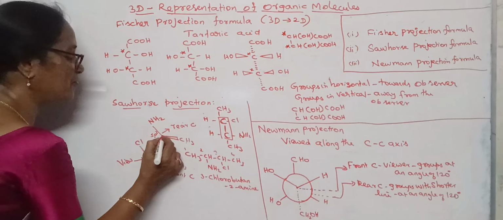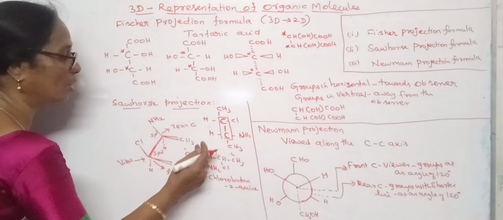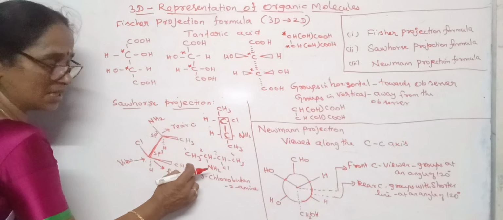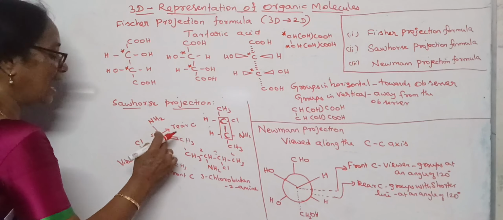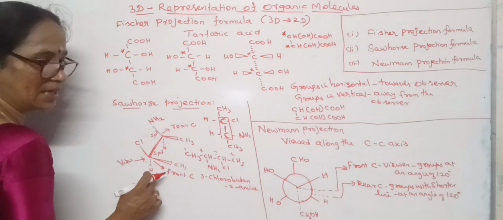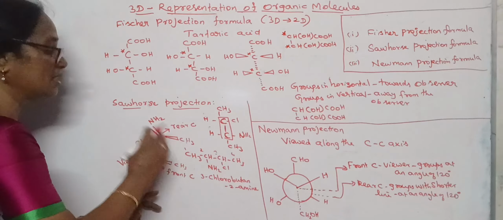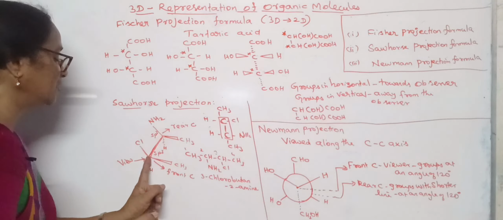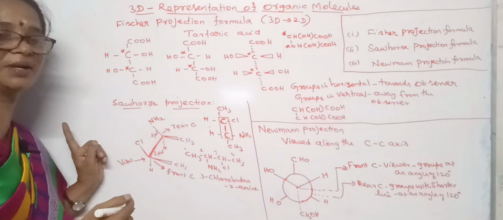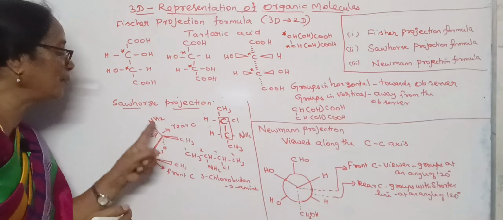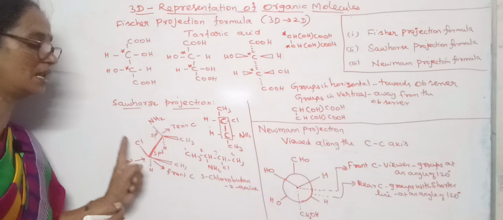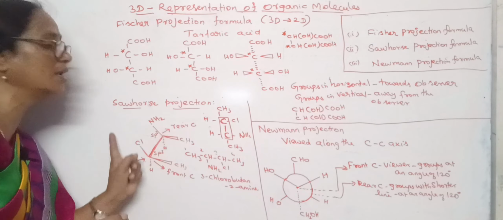And you may find the two wedge-shaped bonds in which the methyl group is present, and the hydrogens of the two other atoms are given in dashed lines. That means they are just behind the first carbon and the second carbon. Then you may have carbon NH2 and carbon Cl lying on a plane.